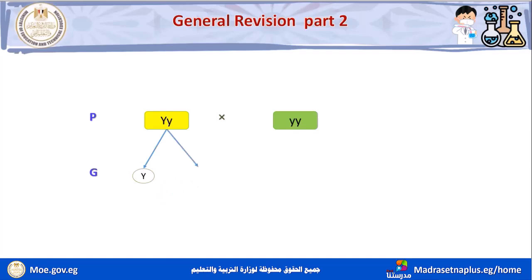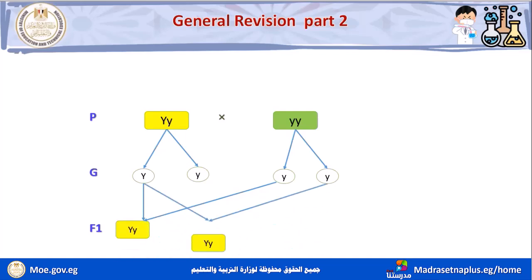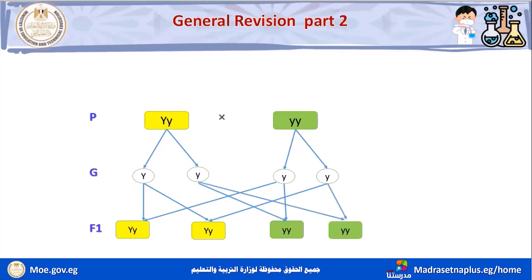Gametes: Y, y, y, y. First generation: Yy, Yy, yy, yy. Ratio: 50% yellow seeds, 50% green seeds.